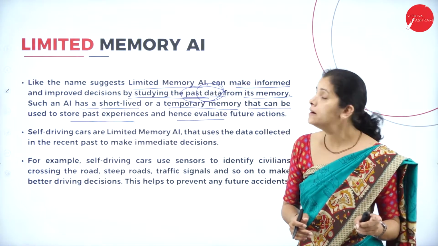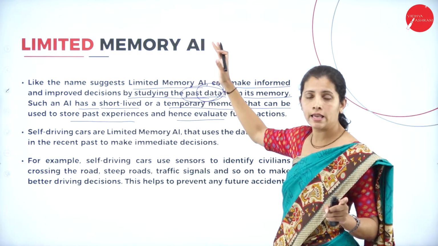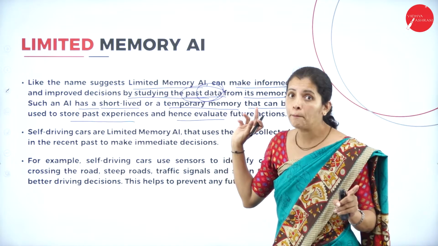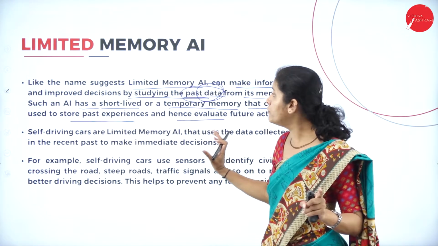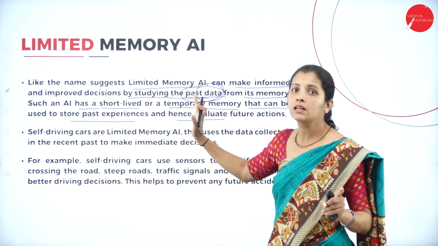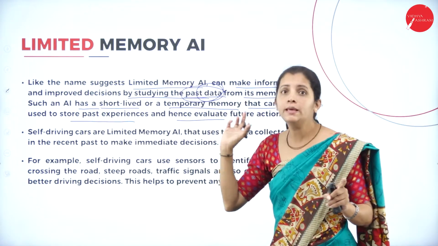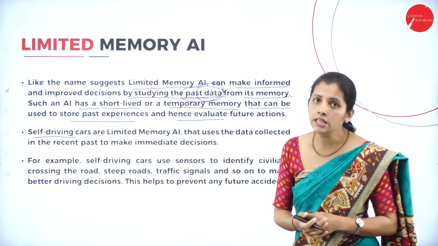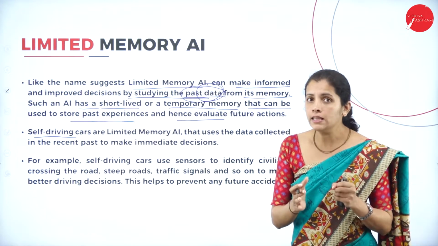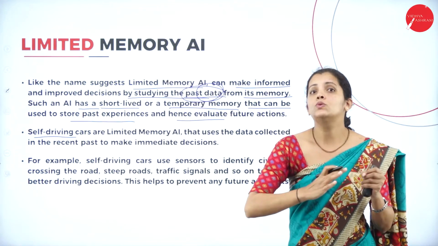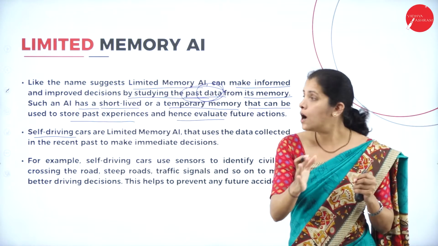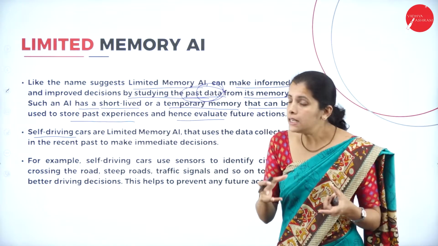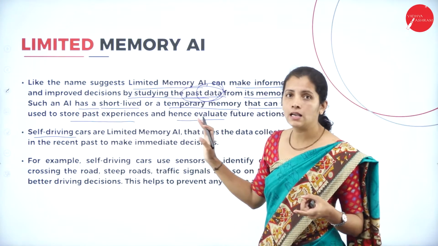The best example for limited memory AI is the self-driving car. All the self-driving cars are manufactured with the help of past data. By keeping all the past data, the self-driving car takes decisions. Think that some person is going to cross the road. Now the self-driving car wants to make a decision, and that is mainly based on the past data.